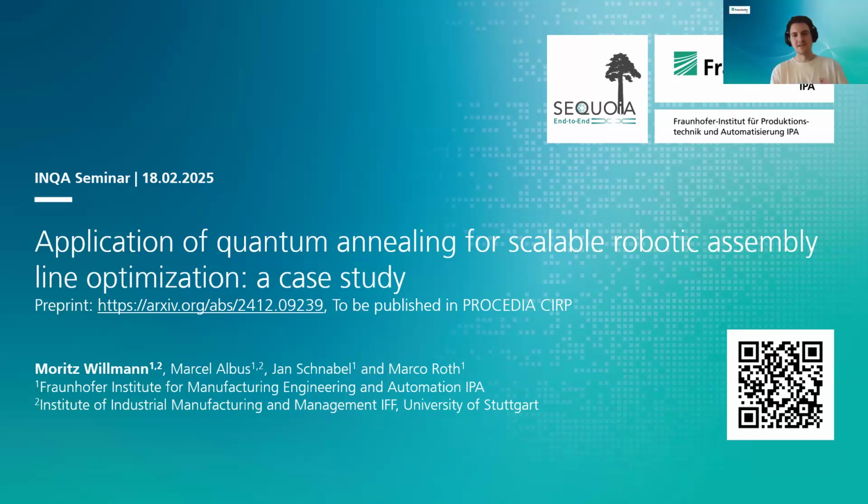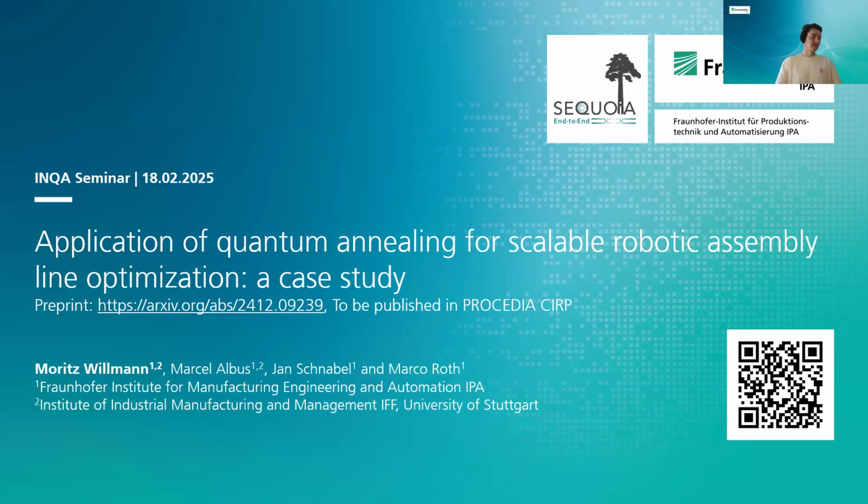Thank you, and also thank you for the invitation. As you just said, I'm going to talk about quantum annealing on a manufacturing use case. This work was done during a project called Sequoia End-to-End, funded by the state of Baden-Württemberg, where we're located.